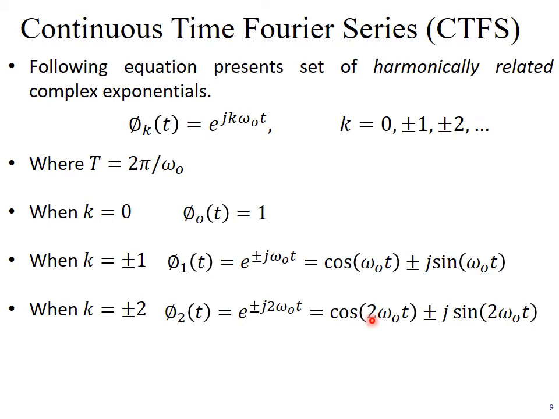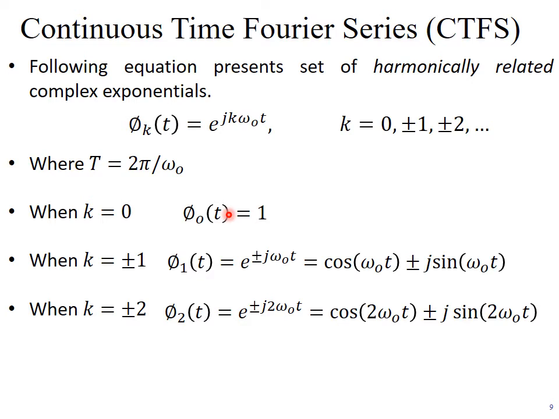And similarly, when k is equal to plus or minus 2, we have another sinusoidal form having frequency 2 omega naught. So these are all harmonically related. This is omega naught, this is twice omega naught, this is 0 times omega naught. Similarly, when k is equal to plus minus 3, you get 3 omega naught. So the fundamental frequency is omega naught, and the other waveforms are harmonically related.